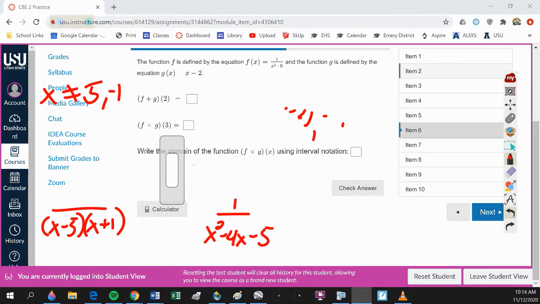Okay. So, does this have any domain restrictions? Does that have any domain restrictions? No. Okay.